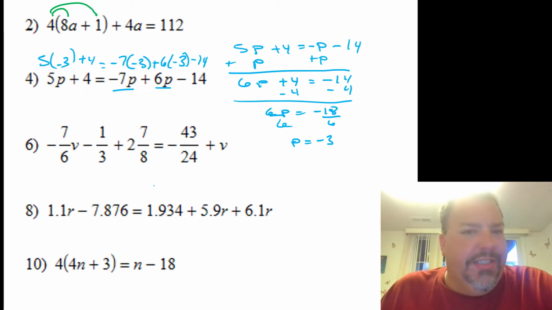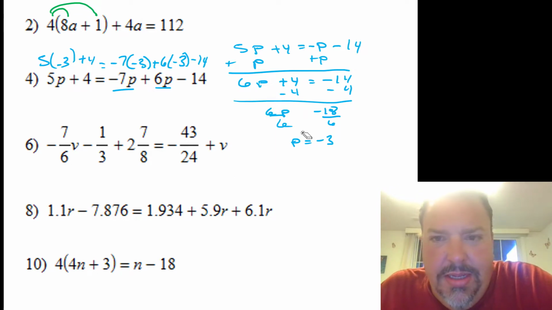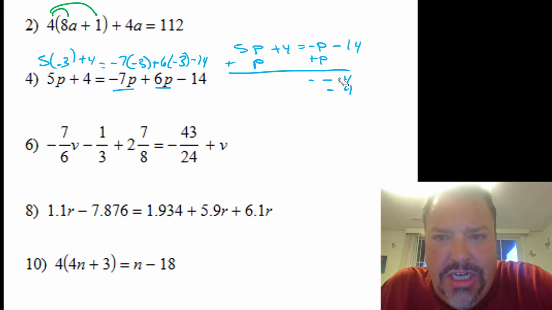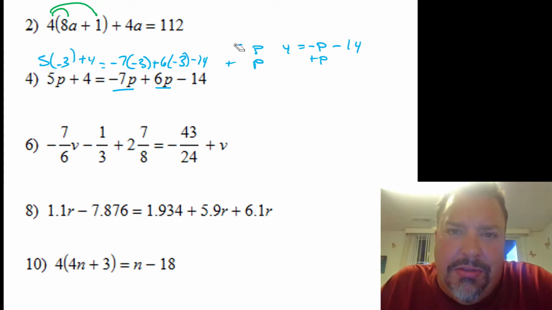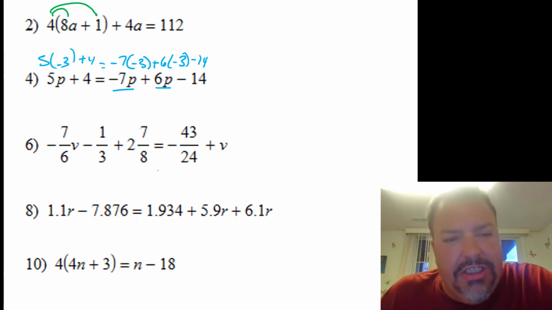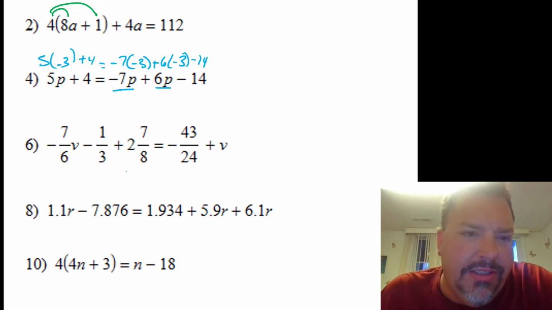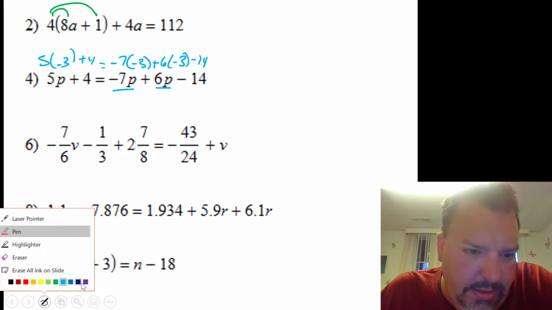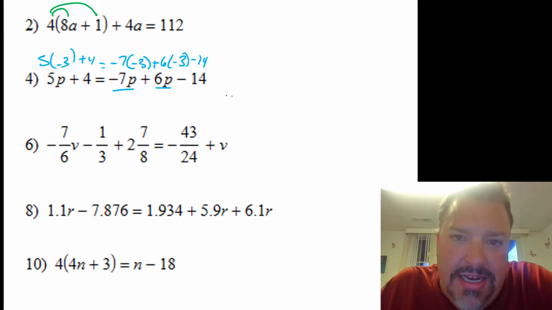And for number 6, this one again has some fractions. Before you use the LCD trick, you're going to have to change it a little bit, because remember, if it has mixed numbers or any whole numbers, you want to change those all to fractions, and mixed numbers to improper fractions. So let's rewrite this first. We've got negative 7/6 v minus 1/3.